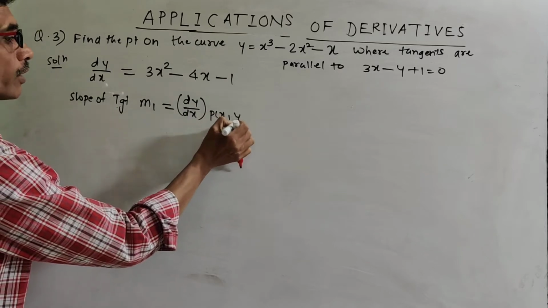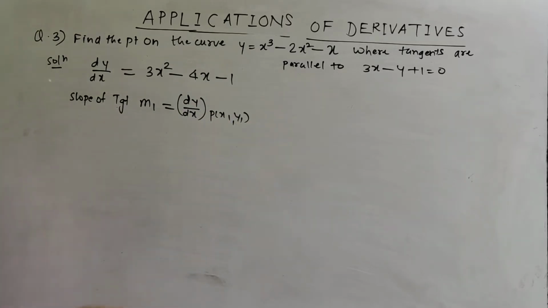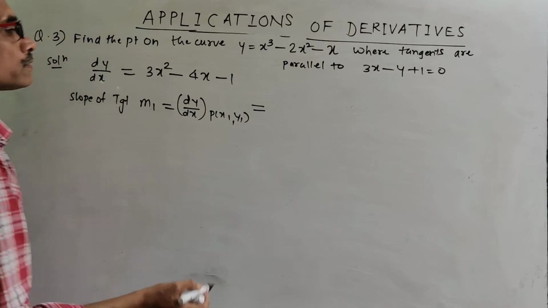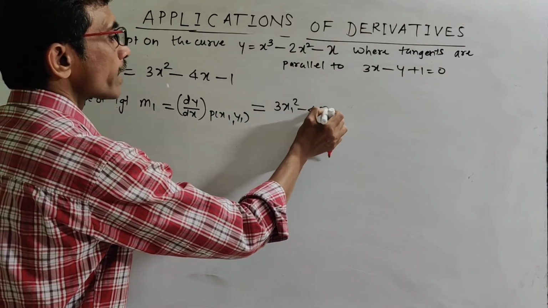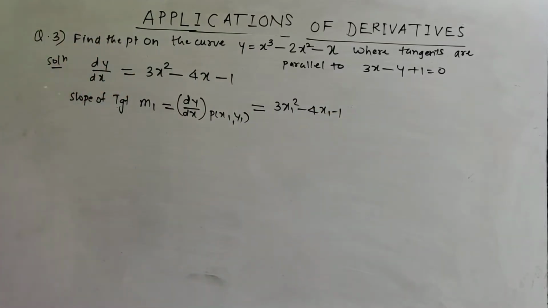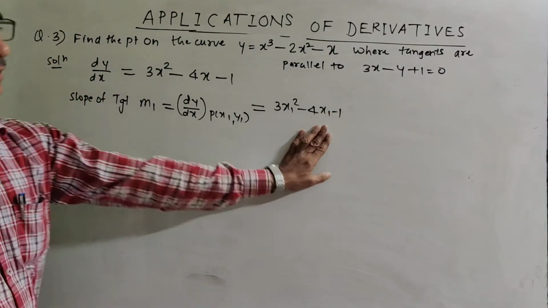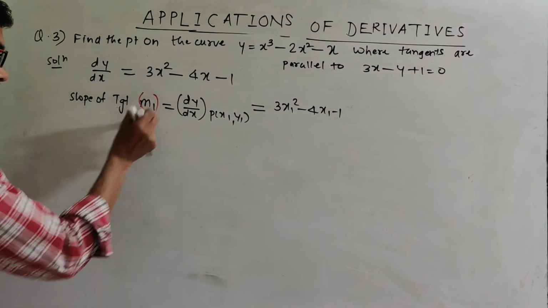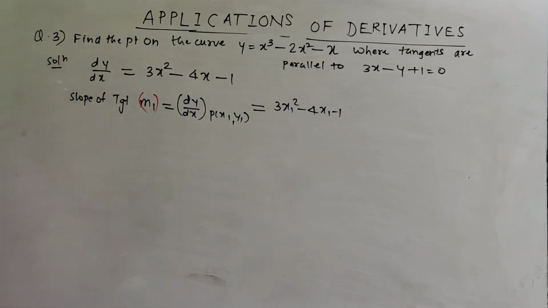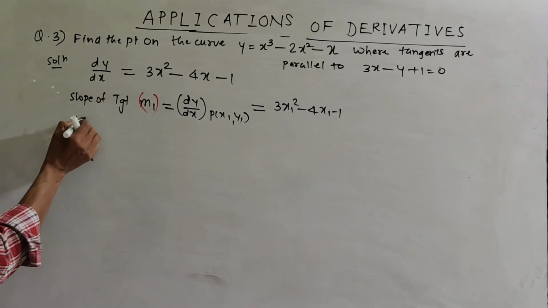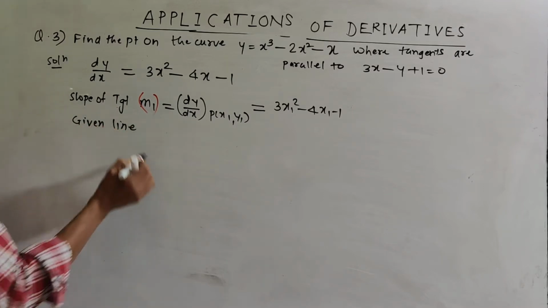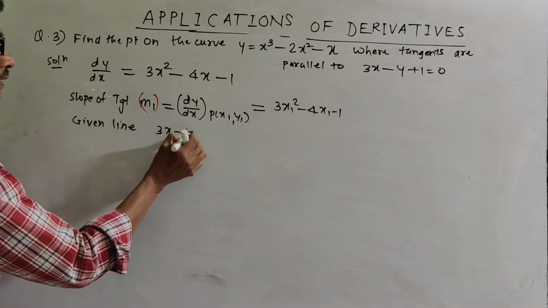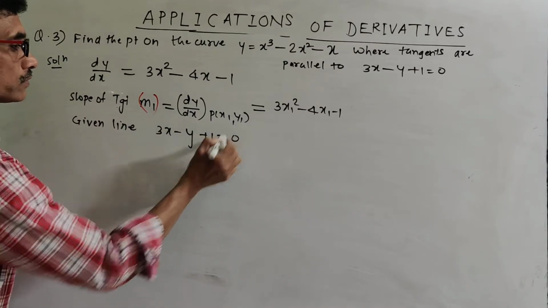This is the required point, x1 y1. So here it is 3x1 square minus 4x1 minus 1. This is the slope of the tangent, say it is m1, and the given line is what? What is our given line? The given line is 3x minus y plus 1 is equal to 0.